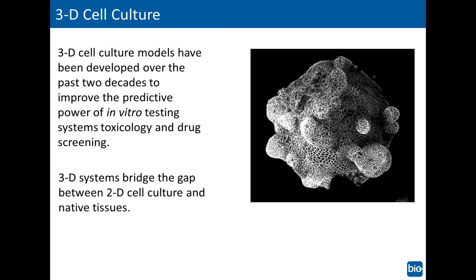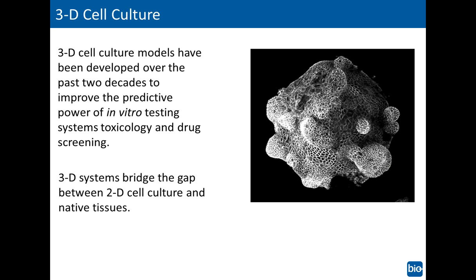So 3D cell culture has been around for quite some time, arguably since the early 1900s with classic experiments by Harrison with spinal cord explants. But it's really in the 1970s where spheroids were developed using Chinese hamster lung cells, where the 3D cell culture models started to arise. And in the 80s, the techniques were further established and improved upon in the last 20 years. In the last 10 years, with the advent of organoids, there's really been an explosion in these 3D model systems.